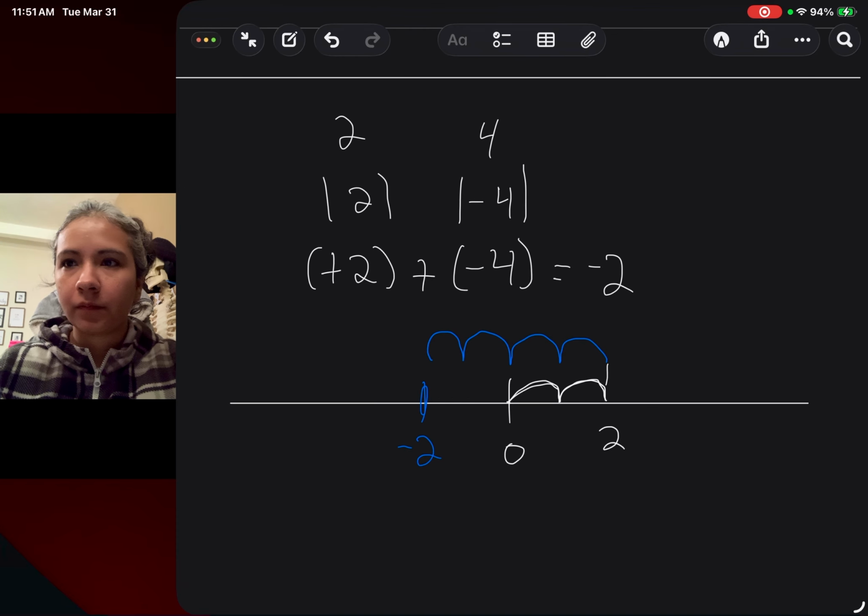Our sign is still negative if you're not using the number line for the visual, because the absolute value of negative 4 is the bigger number, and then you just take the difference between the two numbers. So 4 minus 2 is 2, but you have the negative for the bigger number. But on the number line you can also see this.